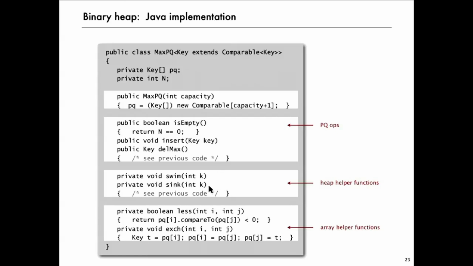We have the swim and sink functions that we showed earlier, and then we have helper functions less and exchange that access the array directly so that the other code doesn't have to access it directly. That's a complete implementation of priority queues in Java.